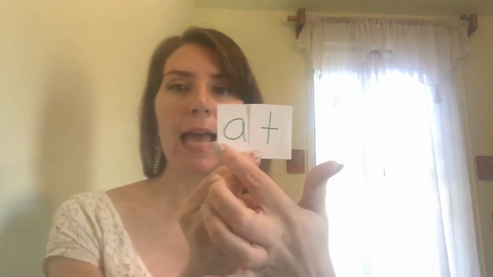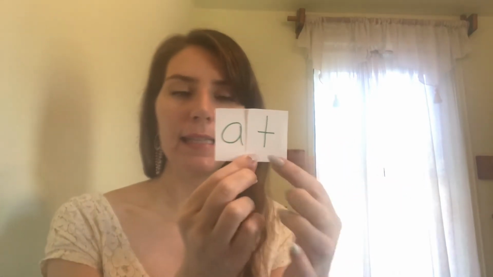There's more than one sound there. So while k is a one sound chunk, at actually has two sounds. And when we write those two sounds, we write at, A-T.